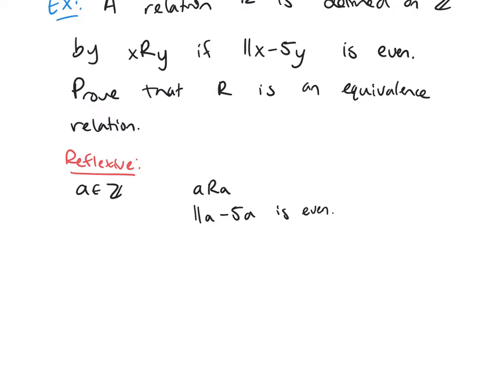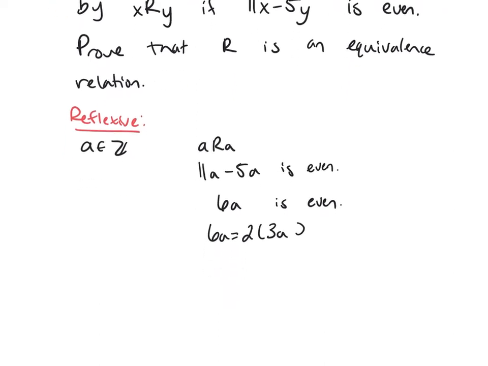Well, we can simplify that down. 11A minus 5A is 6A is even. And why would 6A be even? To be even, you need to be able to write it as 2 times an integer, and it's 2 times 3A. So 6A is definitely even.